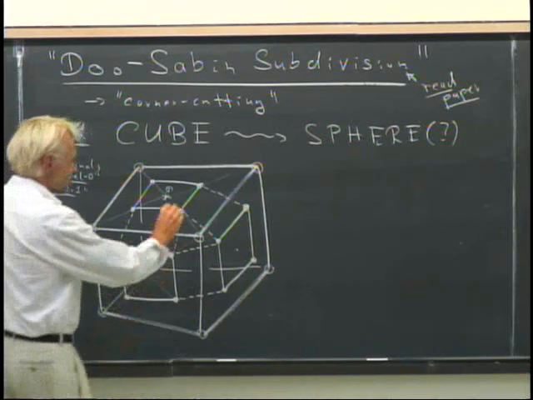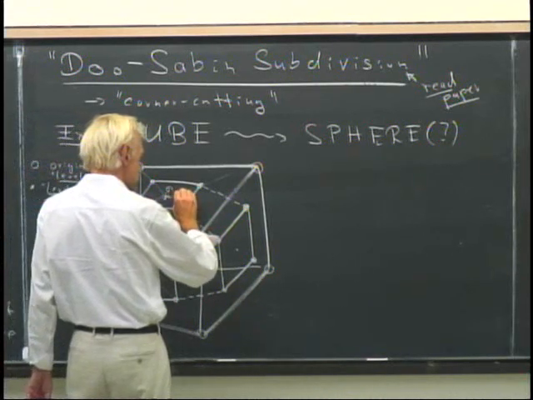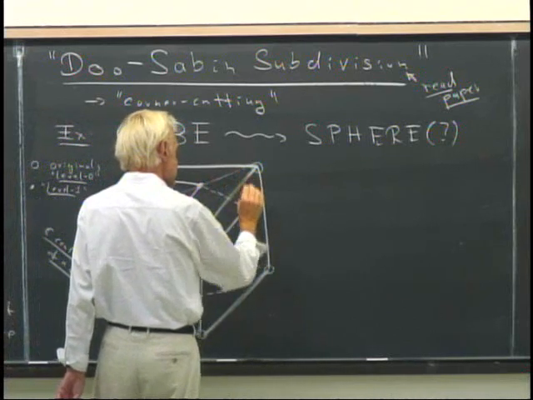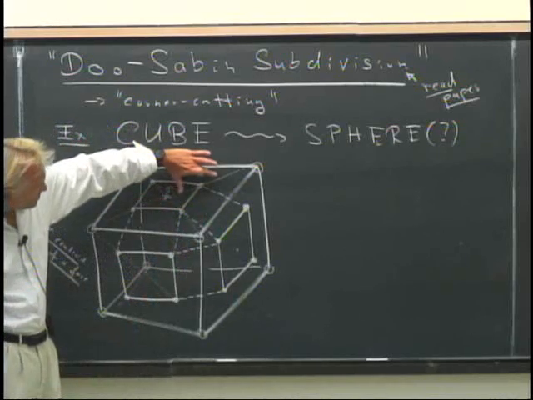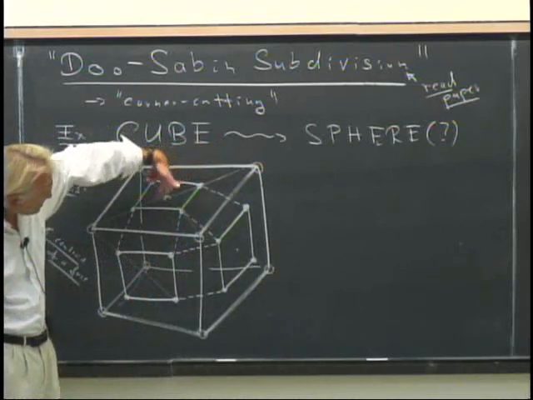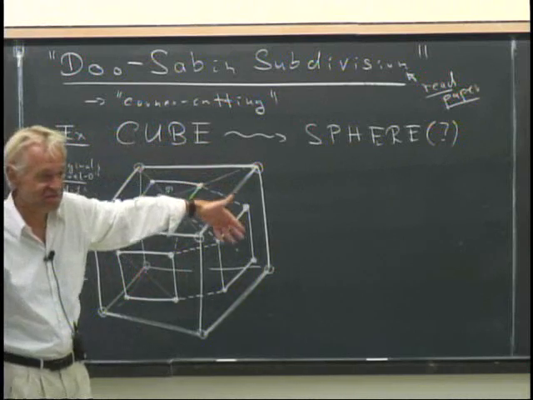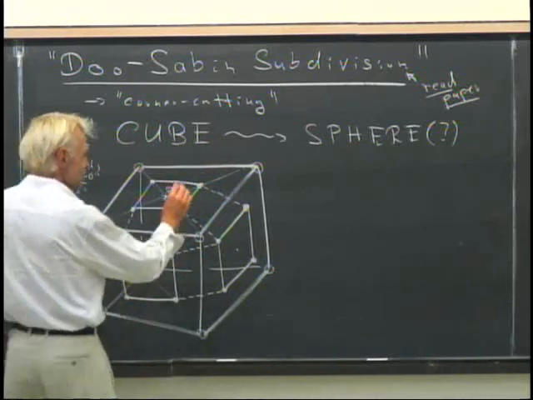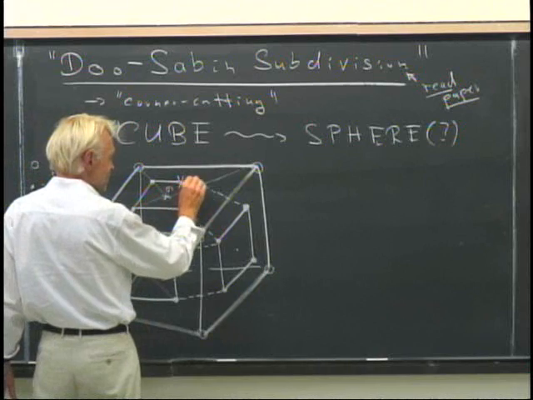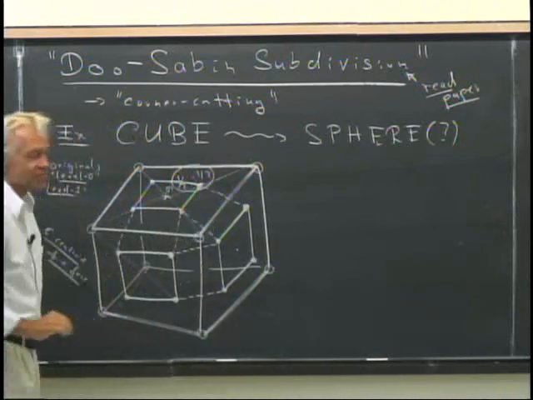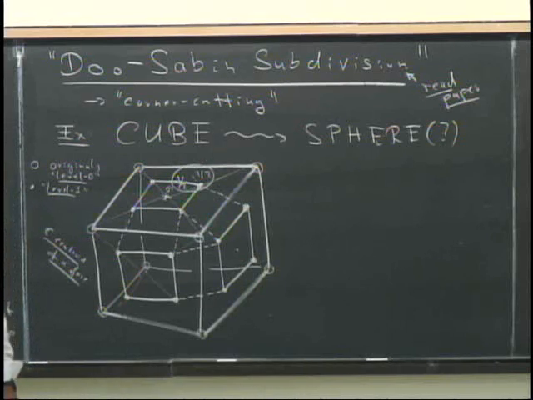And what you do is you connect these centroids of all the faces to their surrounding vertices, and you split this resulting dotted edge at the midpoint. That makes the Do-Sabin subdivision, okay? It uses a ratio of 1/2 to 1/2, okay? So this ratio characterizes this particular subdivision mask, okay?